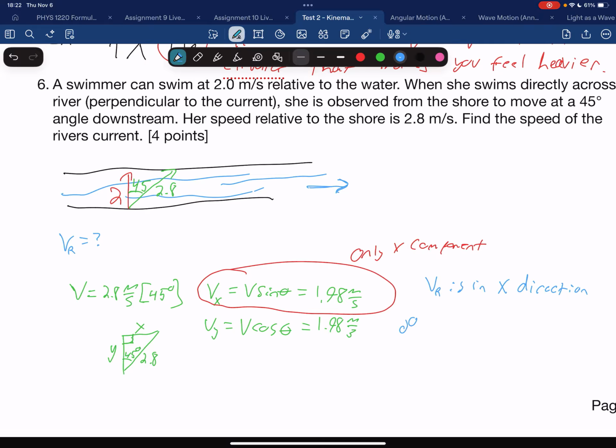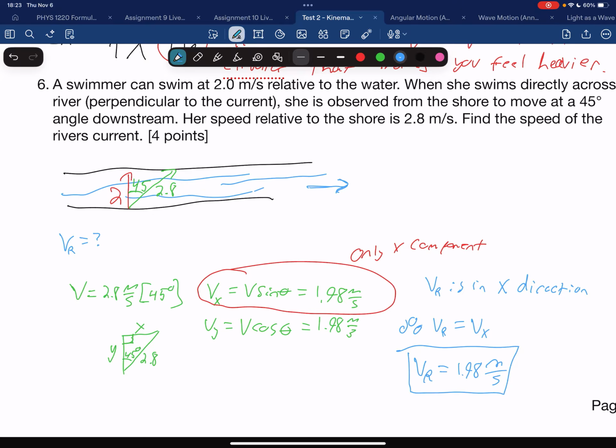So therefore, VR has to be equal to the x component of the swimmer's velocity as measured from the shore. So the speed of the river is 1.98 meters per second. And we are just asked for speed. We do not need to give a direction. If we were asked for velocity, we would just say 1.98 or 2 meters per second downstream or in the x direction.